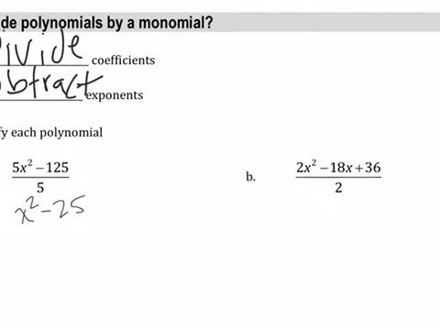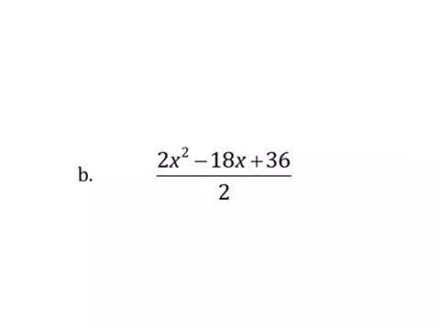Let's go to example B. I've got 2x squared minus 18x plus 36 all over 2. Again, I'm going to take all of these top terms and reduce them or simplify them by dividing by our bottom term, 2. Let's try it. 2 divided by 2 is just 1. There's no exponent on the bottom, so that's going to remain x squared.